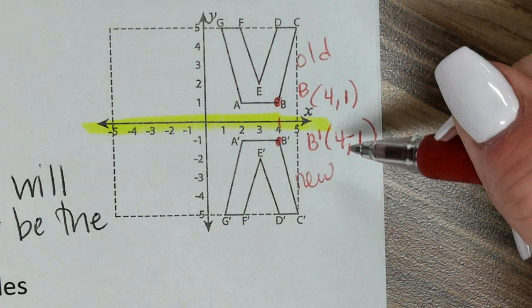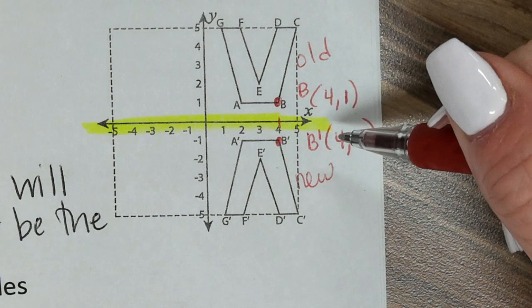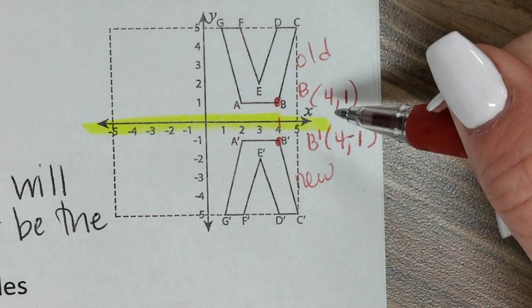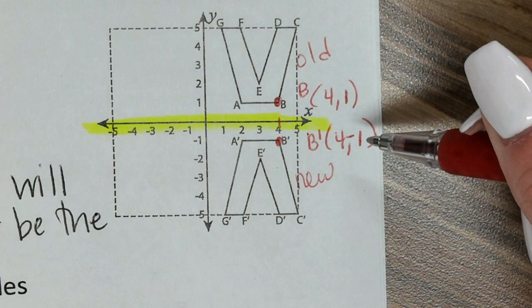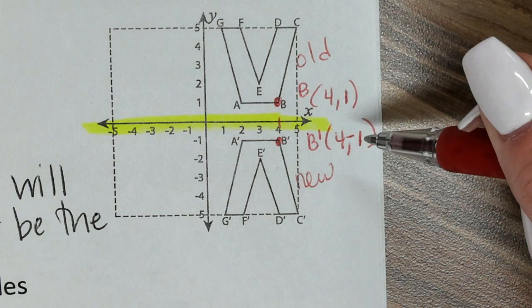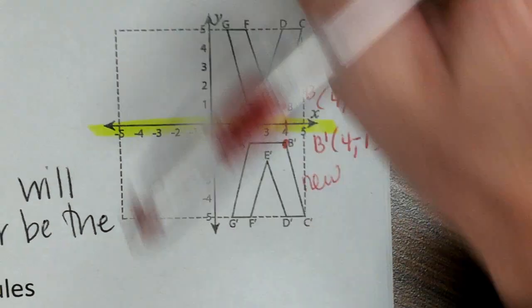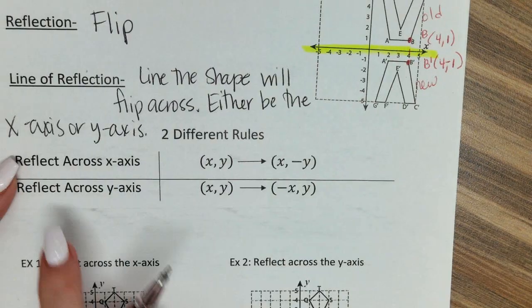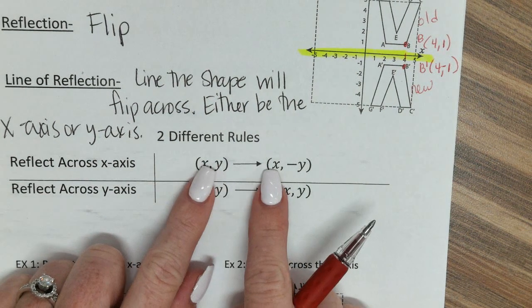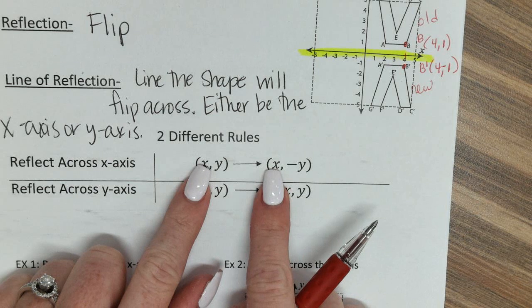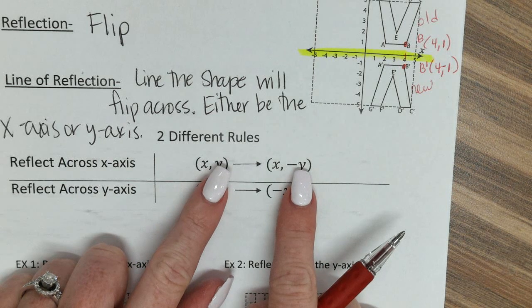What happened to the x? Nothing. Does everybody see the x stayed the same, but the y became opposite. It became a negative. So look at the rule right here. It says when you reflect across the x-axis, you take your x and your x stays the same, but the y becomes opposite.